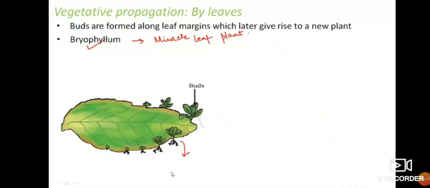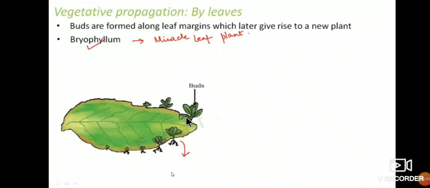And it is very important: vegetative propagation by leaf. Buds are formed along the leaf margins, which later give rise to new plants. The example is bryophyllum. See here in the notes, at the leaf margin, buds will be formed along the leaf margins.